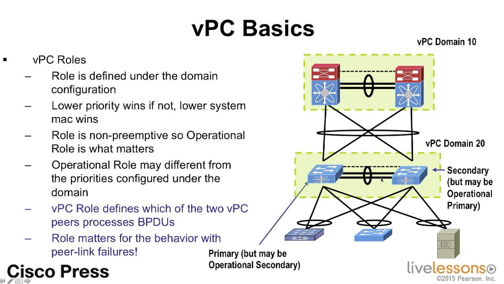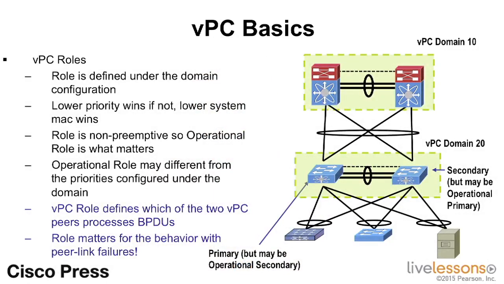If the peer link were to fail, the way VPC operates to avoid loops in that case, and to avoid a split brain scenario occurring on the network, is that in the event of a complete failure of the peer link, so not a single member, but the peer link is down altogether, the VPC secondary actually shuts down all of its VPC interfaces.